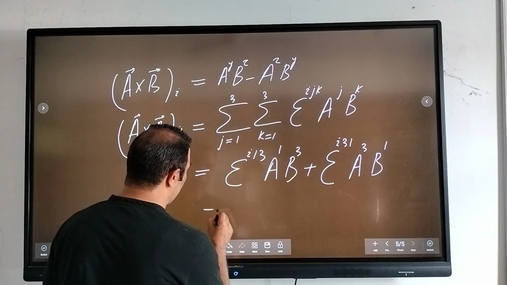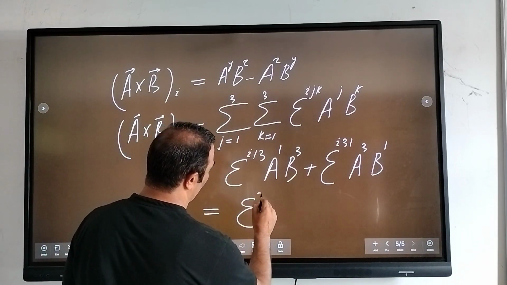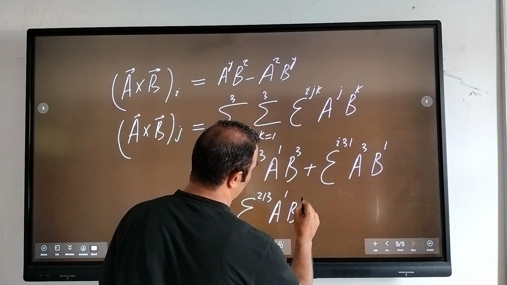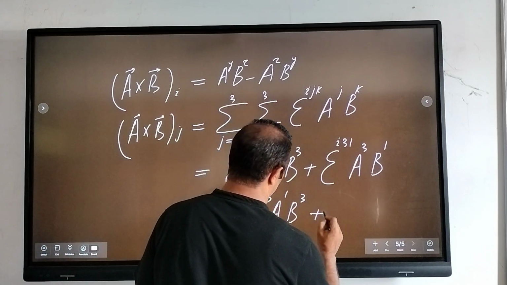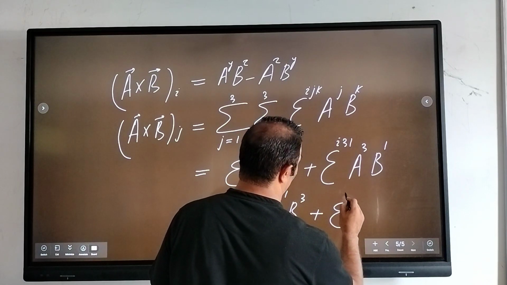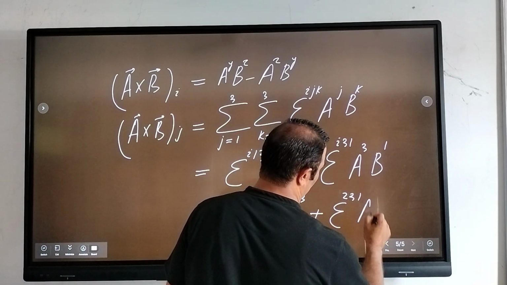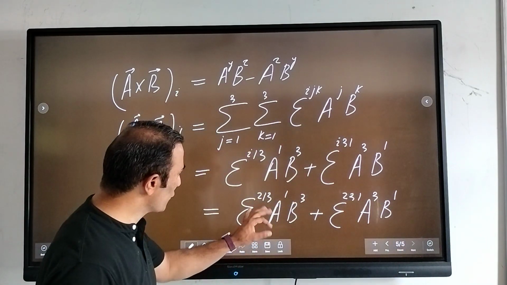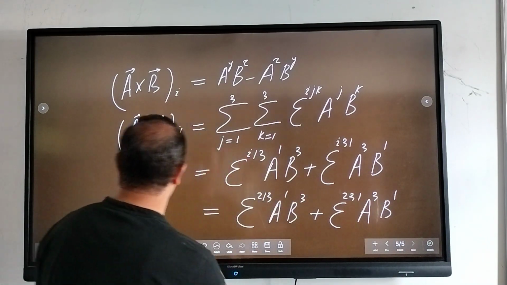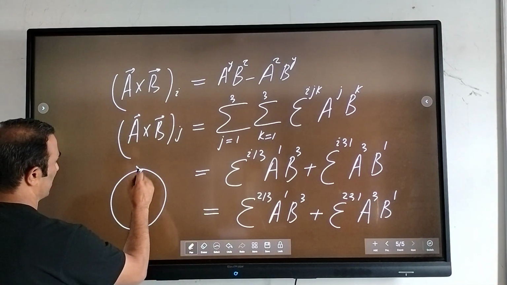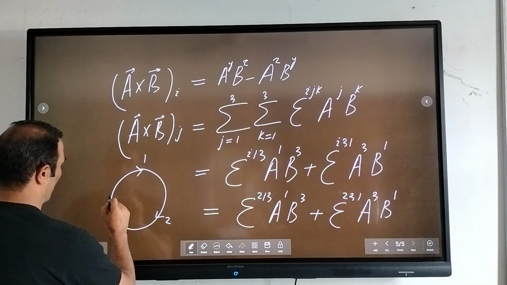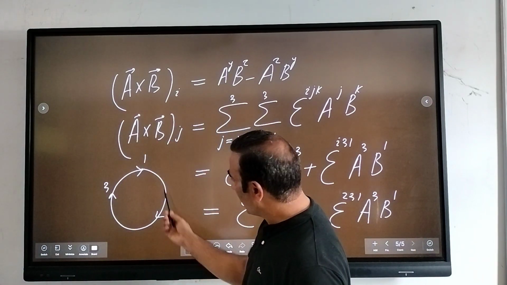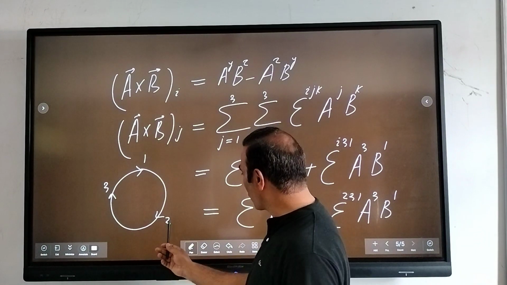So that means I can write this as epsilon 213 a1 b3 plus. Okay. So what is epsilon 213? Following that notation, if we have 1, 2, and 3, then 2 1 3 is anticyclic.